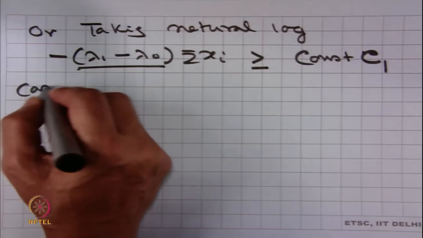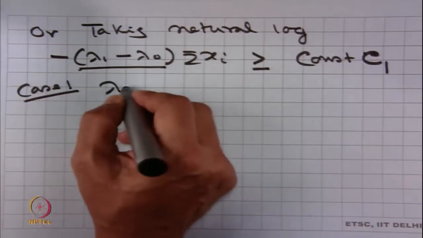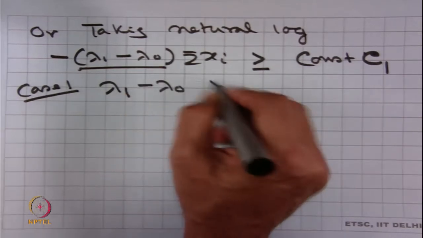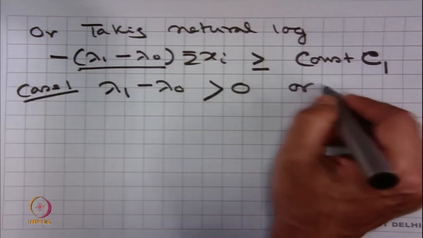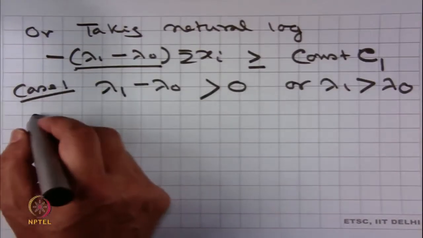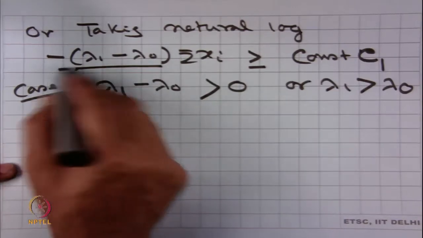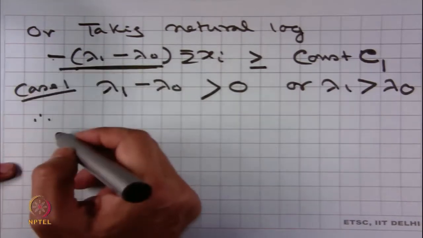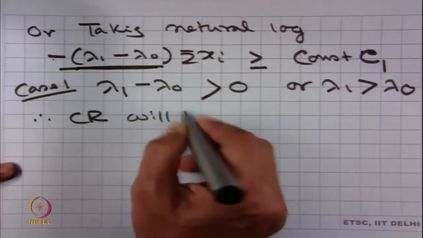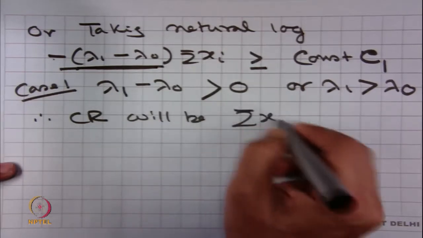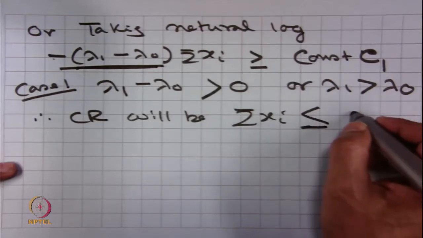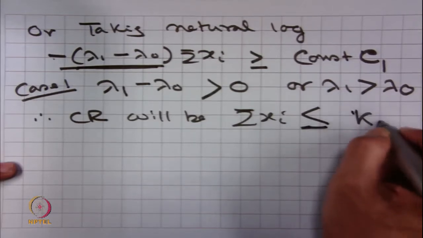So, case 1, lambda 1 minus lambda 0 is greater than 0, or lambda 1 greater than lambda 0. In that case, this term becomes negative with the minus sign. Therefore, the critical region will be sigma xi is less than or equal to some constant, say k 1.